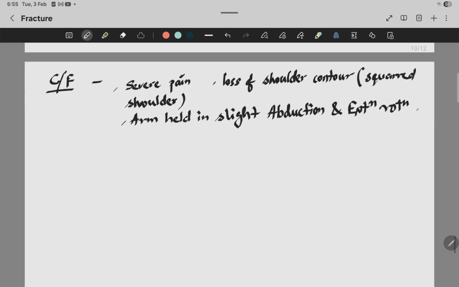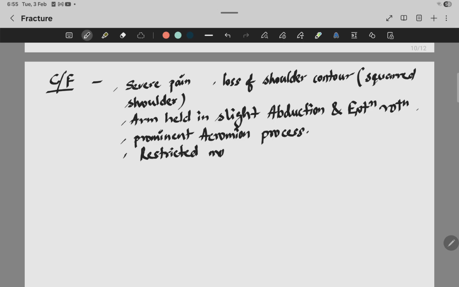Next, prominent acromion process, and lastly there will be restricted movements of the shoulder. So these are the clinical features of dislocation of the shoulder.